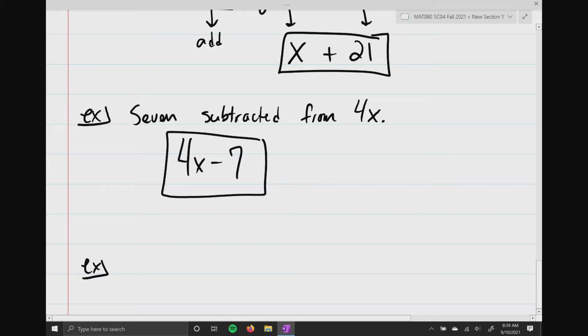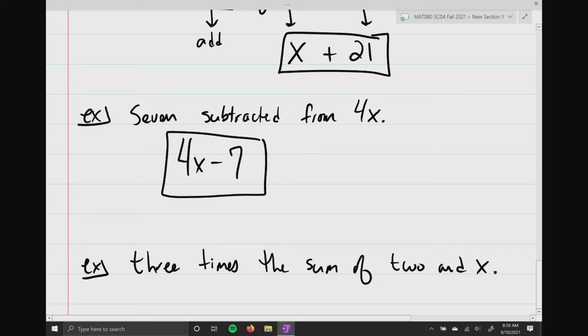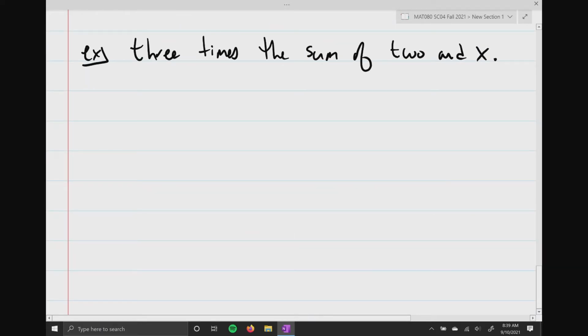I'm going to see what you can come up with this one. Try that one for me. 3 times the sum of 2 and x.